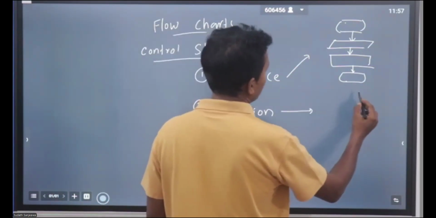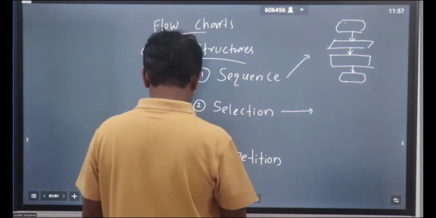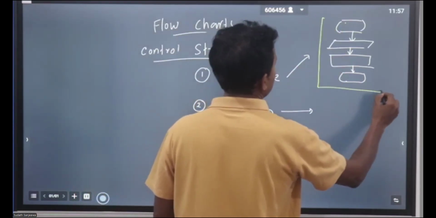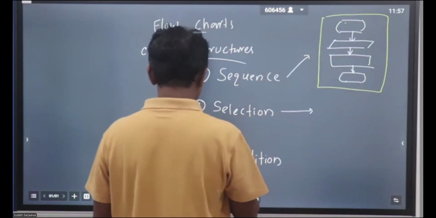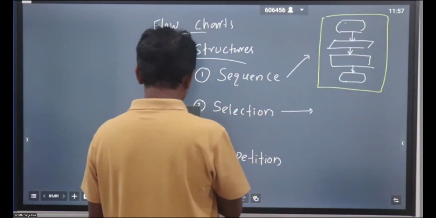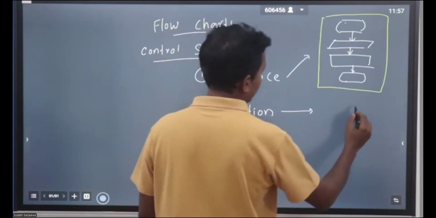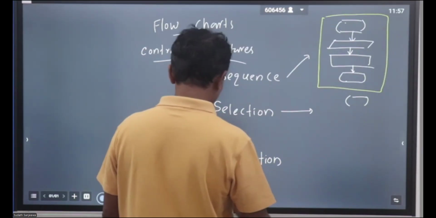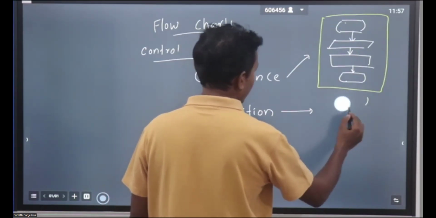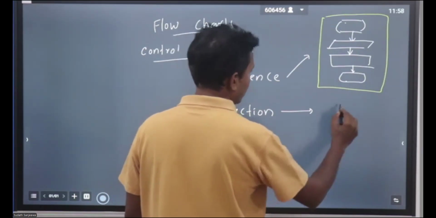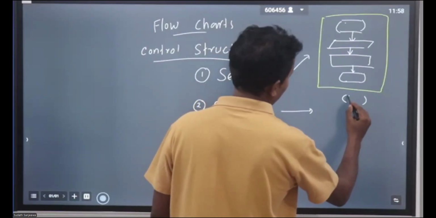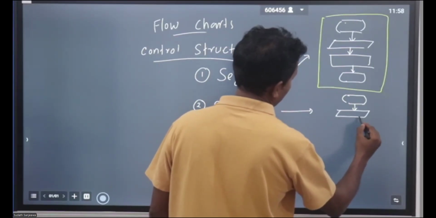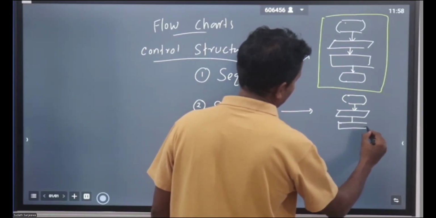In a selection flowchart, it looks like this.